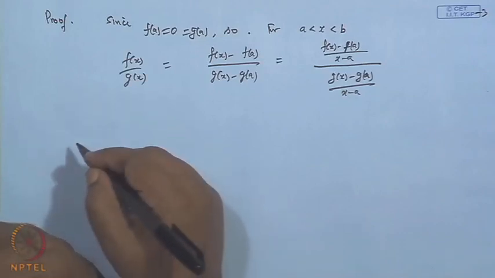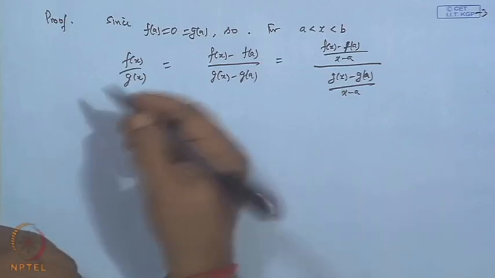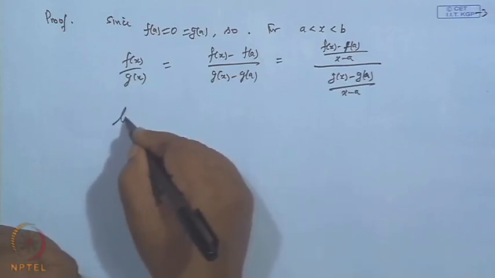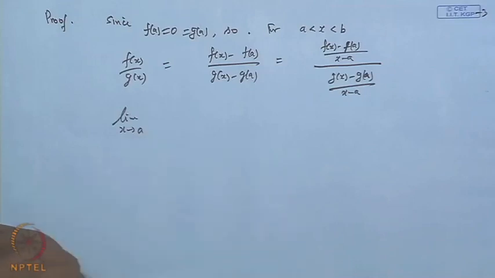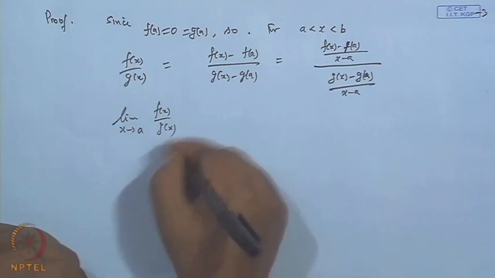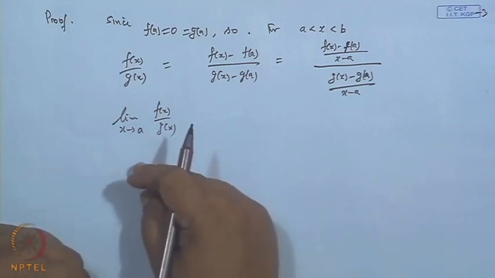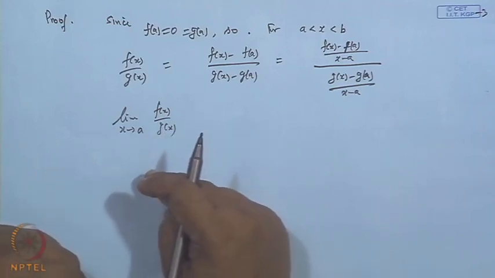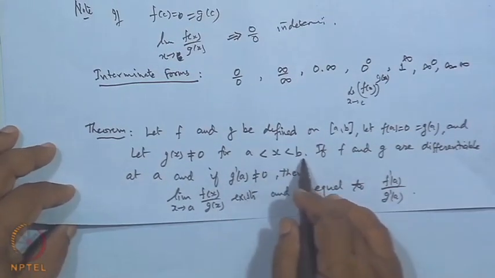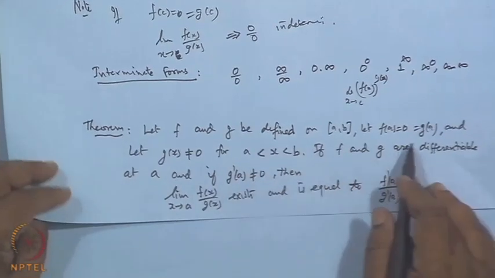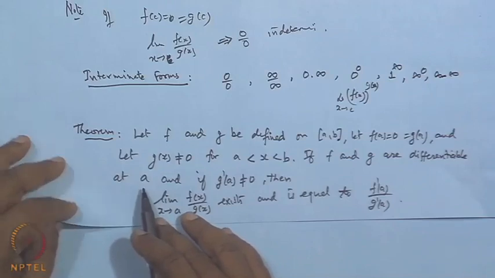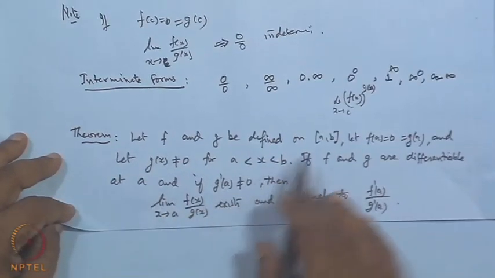Now, if we take the limit as x tends to a. We can take the limit a plus, because we are simply assuming the function is differentiable at a, and g'(a) is defined and non-zero.